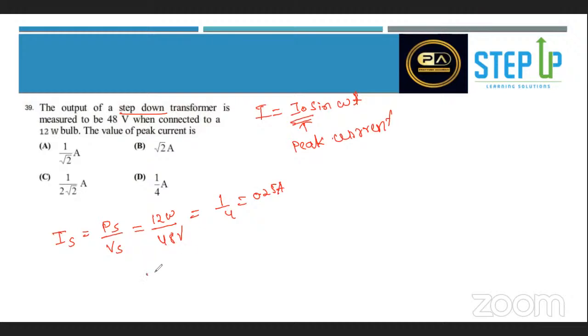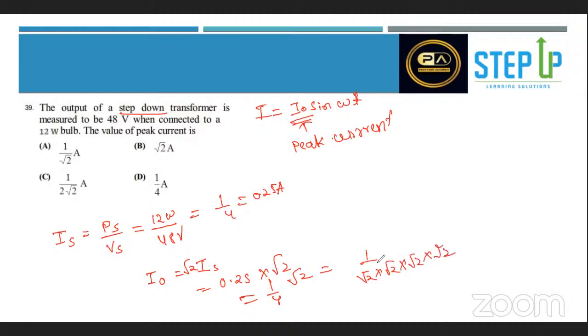Now to find the I naught value, I naught is equal to root 2 times I_S, that is the current in the secondary circuit. So it will be 0.25 times root 2, or I can write it as 1/4 times root 2, because the options are not in this form. I can write this as root 2 into root 2 into root 2 into root 2, which is equal to 4, and I have another root 2 in the numerator.